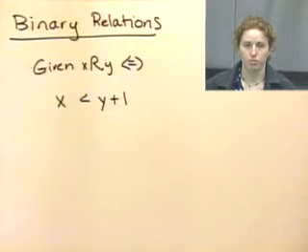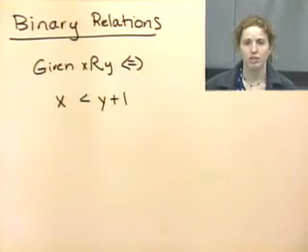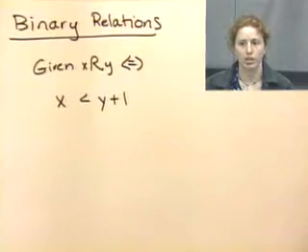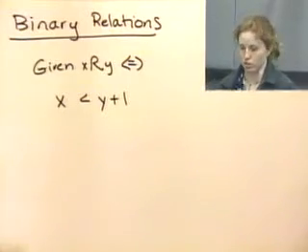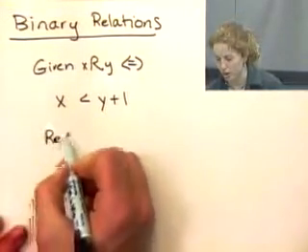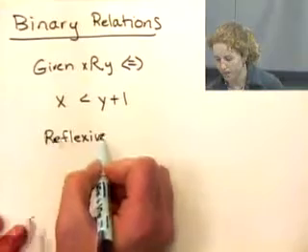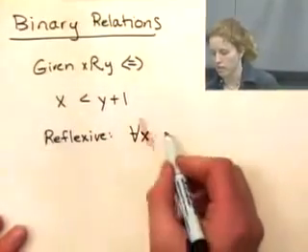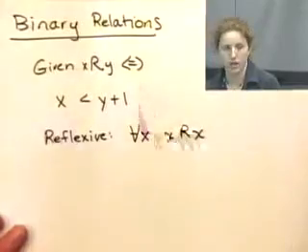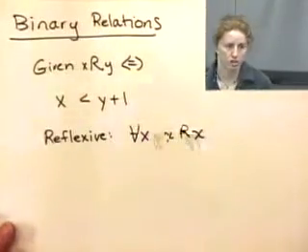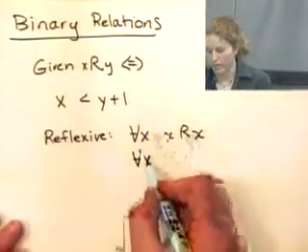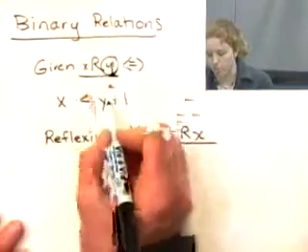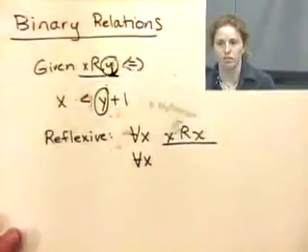Is it reflexive? Before you even answer it, we can write down the definition of reflexive and plug in this definition into it. The definition of reflexive is: for all x, x relates to x, or (x, x) is in the set R. So what I have to do is replace the y in this definition with x.